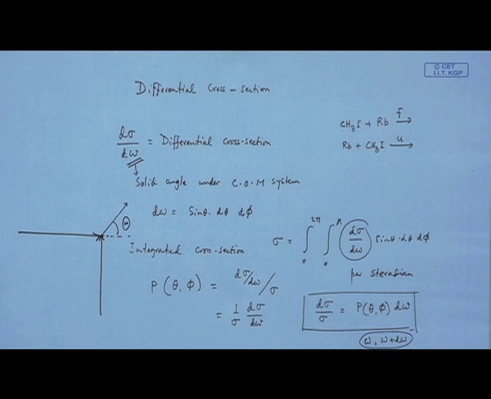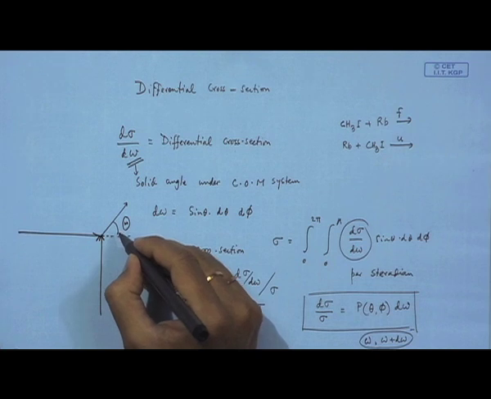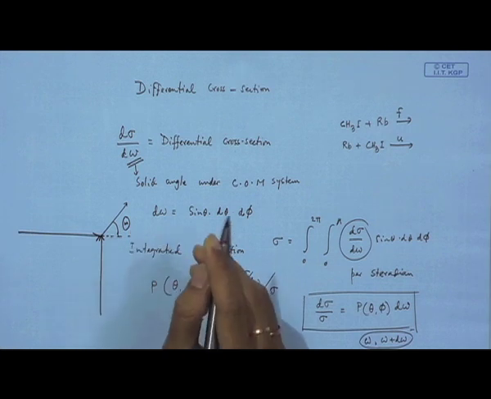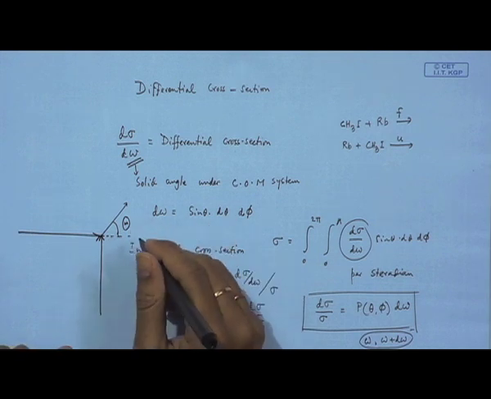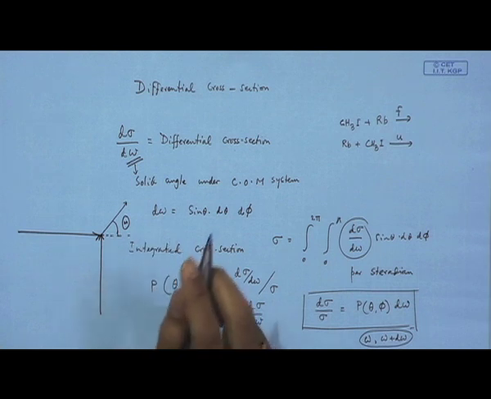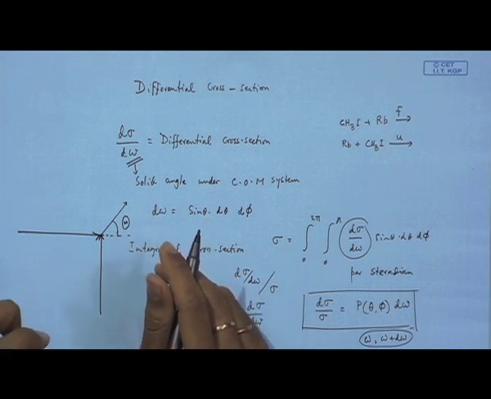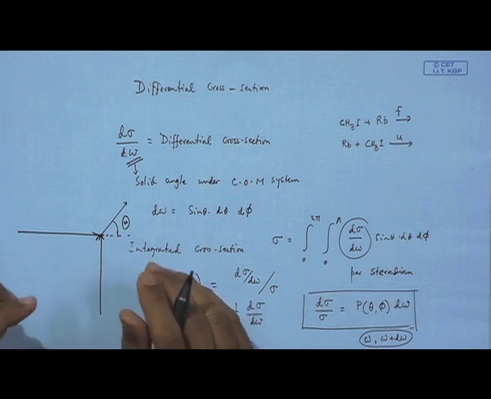If you do not use any oriented molecule, it will not depend on the other angle phi, but it will depend only on this angle, because your impact is basically similar to hitting something, like hitting a dartboard with a magnet.